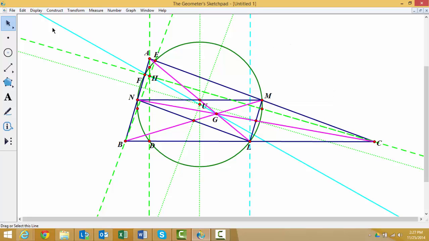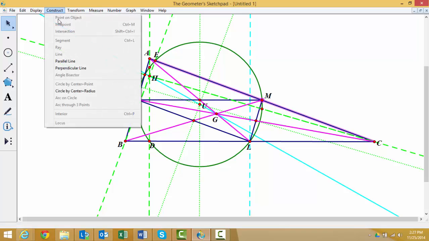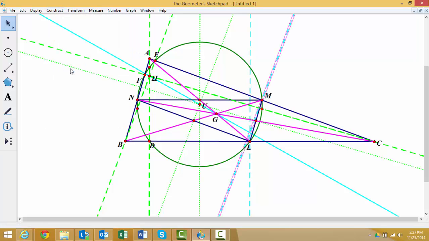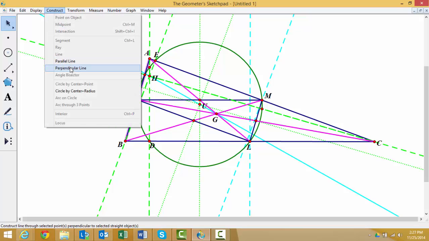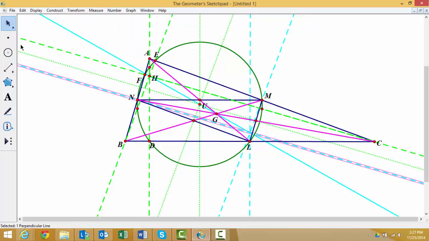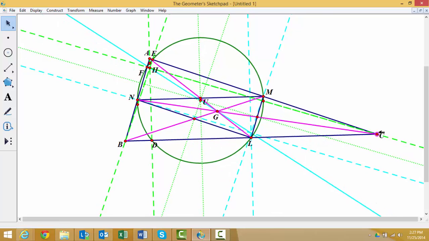Similarly, take the next side and the midpoint and construct a perpendicular line. Unselect everything, and similarly take the next side and the midpoint and construct the perpendicular line.